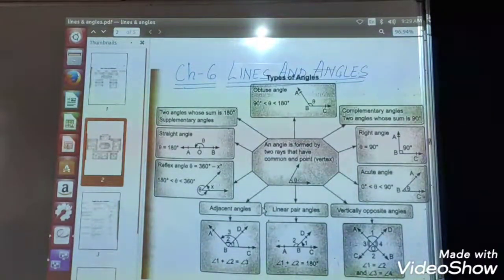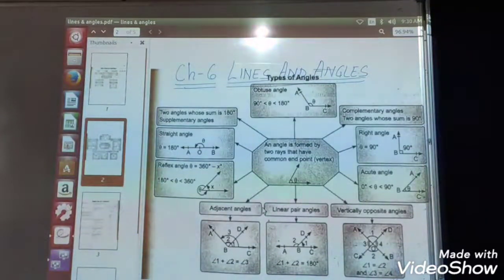It may be vertical, horizontal, slanting, any kind, but it is a simple straight line. Then comes reflex angle. The measure of a reflex angle is always between 180 to 360 degree. And to find the reflex angle, we subtract the given acute angle from 360.